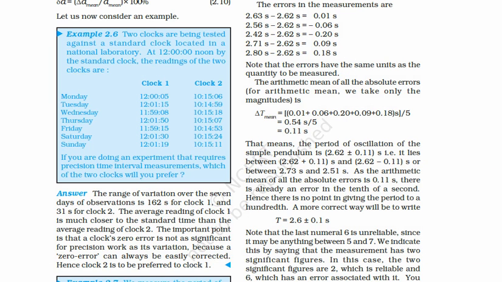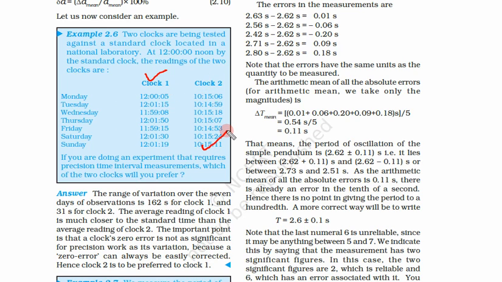Now one thing is for sure, this one is more accurate, but when we look at the difference in seconds, there is more difference in seconds from the standard clock in clock 1. So it is too many seconds off from its average value, but this one is not too far off.